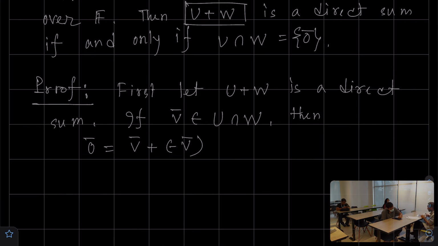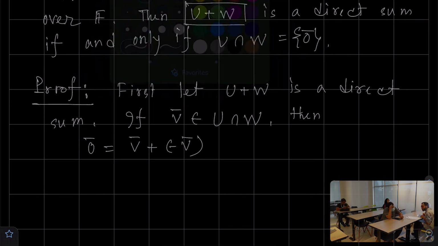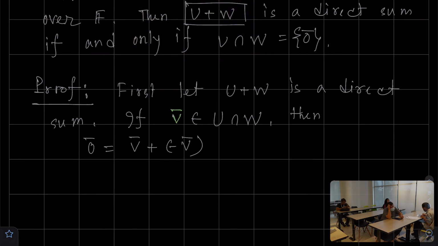So this is a vector v that belongs to U intersection W. Then I can write the 0 vector as v plus minus v vector, right?